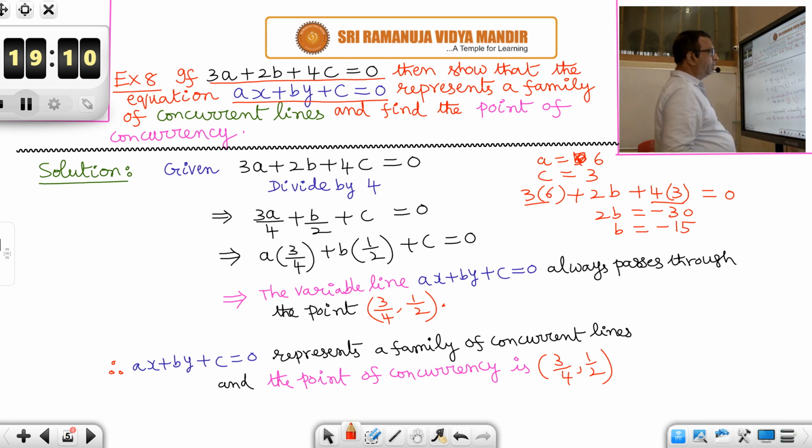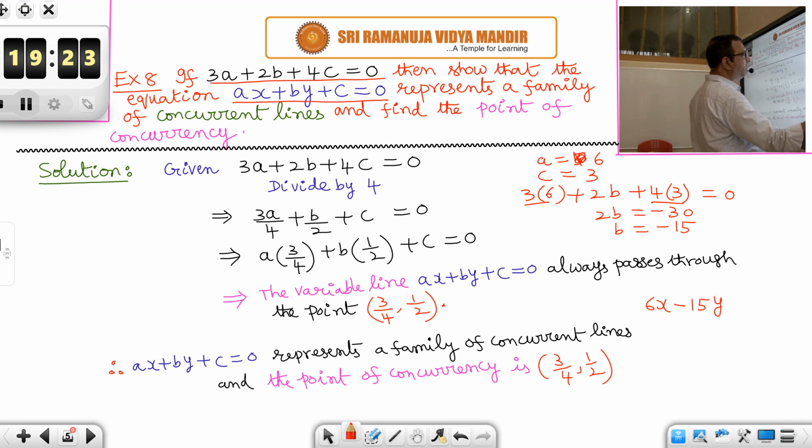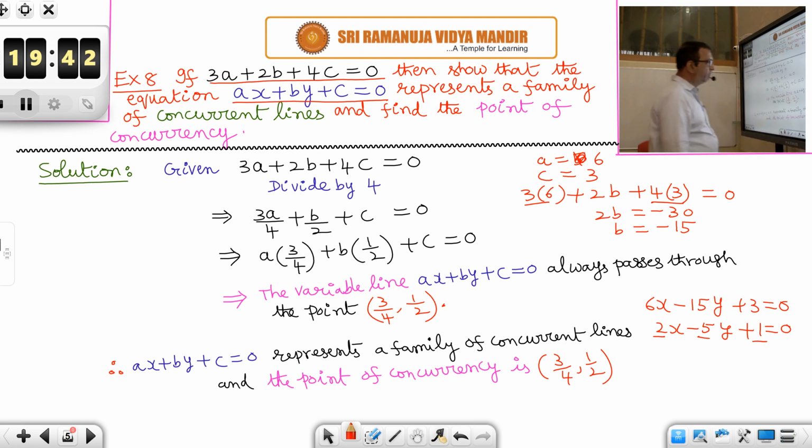So what is the equation of the line now? ax plus by plus c, that means 6x minus 15y plus 3. Of course, 3 is a common factor, you can divide. So 2x minus 5y plus 1 equal to 0. That means you can take a is equal to 2, b is equal to minus 5, c is equal to 1. Then also the condition will be satisfied.